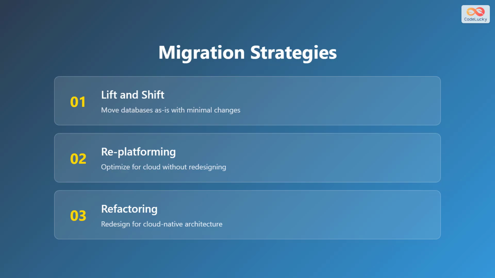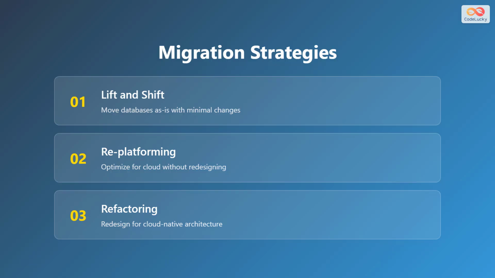There are three primary migration strategies to consider. The first is lift and shift, which means moving your databases to the cloud exactly as they are, with minimal or no changes. This is the fastest approach, but may not take full advantage of cloud capabilities. The second strategy is replatforming, where you make some optimizations for the cloud environment without completely redesigning your database.